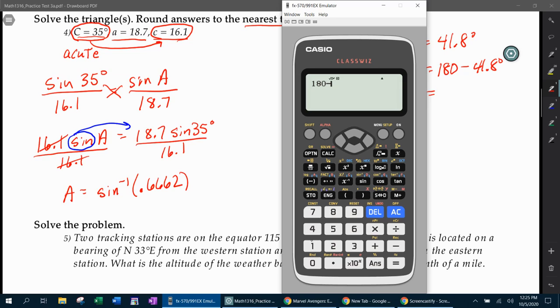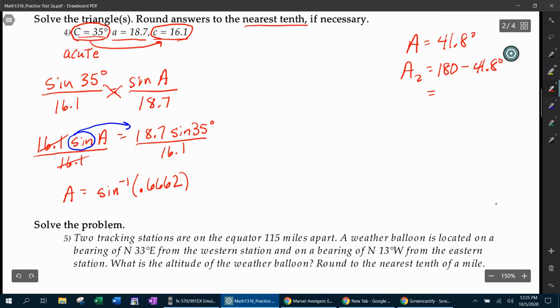180 minus 41.8. And that, as a decimal, is 138.2. All right, so here's what we know now. We know A1, the first angle A, is 41.8. And if there is a second angle A, it's going to be 138.2.